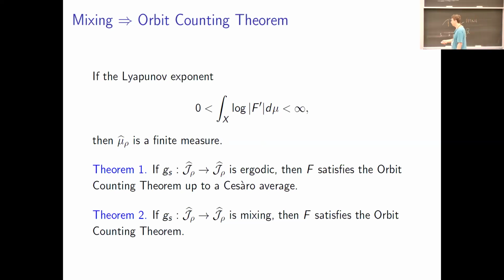The second result says that if the suspension flow is mixing, then F satisfies the full orbit counting theorem. If you're wondering why I'm talking about mixing of certain flows and not orbit counting, it's because of this theorem. So we are really interested in the mixing of a certain flow.